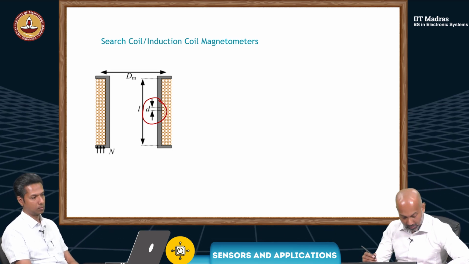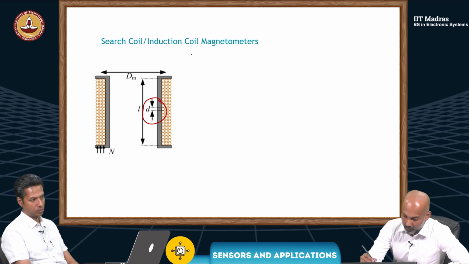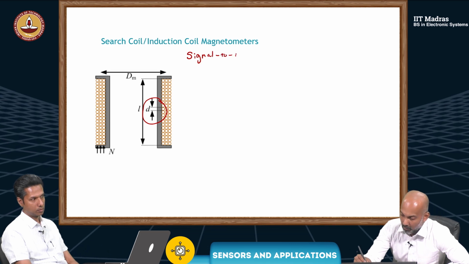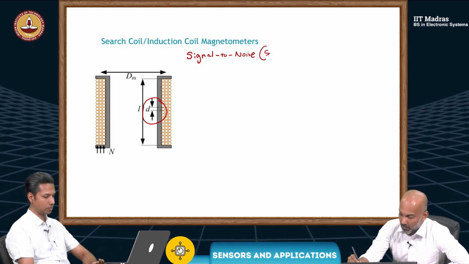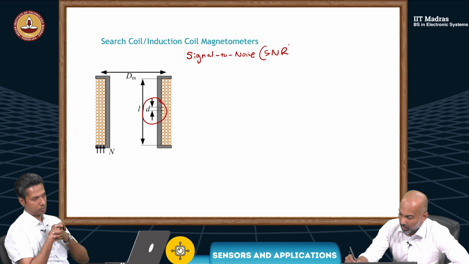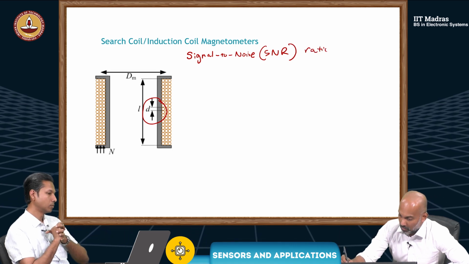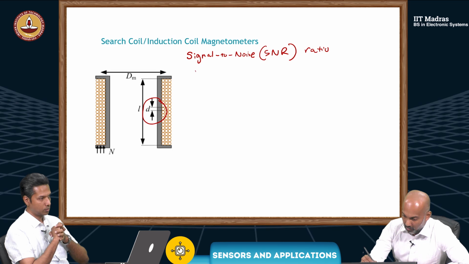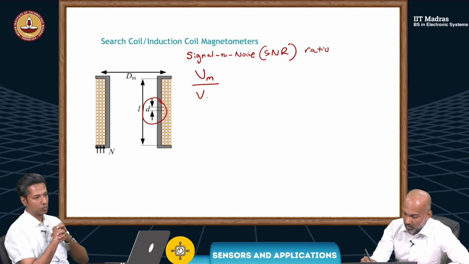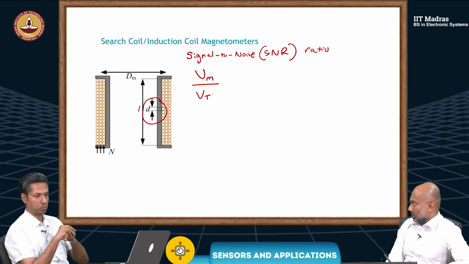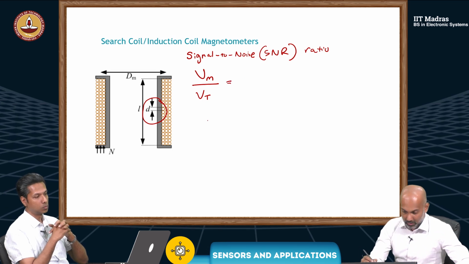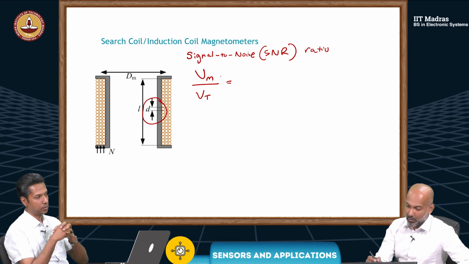The SNR in this case will be your voltage output to your noise. Correct? Now, if you remember, we already have the equation for VM. We already have the equation for VT.